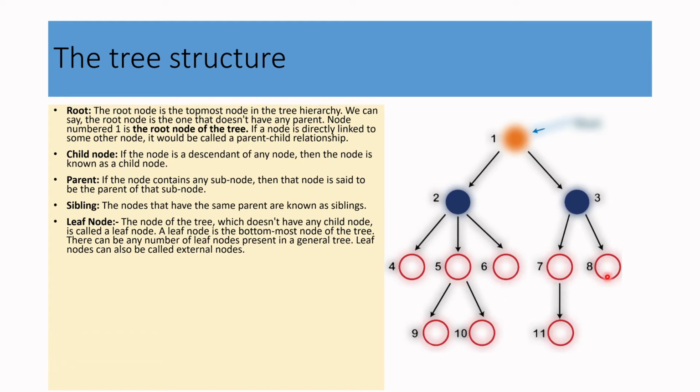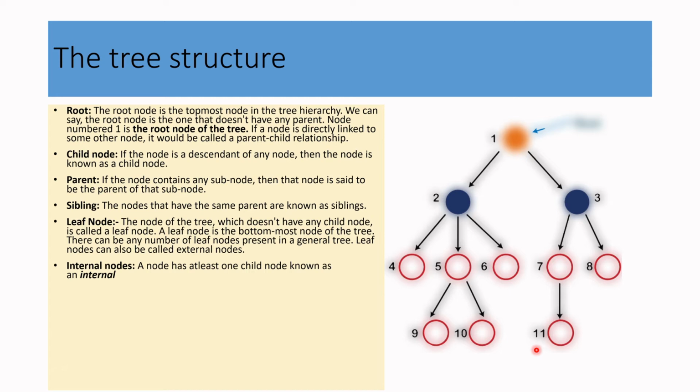We do not have any child node for these nodes, right? So a leaf node is the bottommost node of a tree. There can be any number of leaf nodes in the tree. A leaf node can also be called an external node. If a node doesn't have any child, then this is a leaf node.